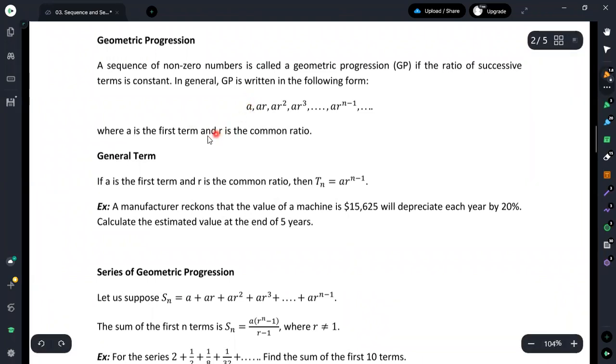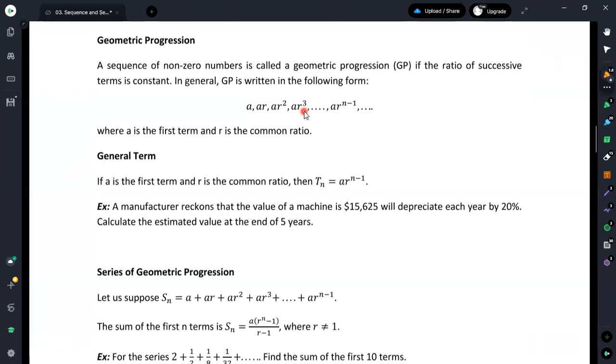If you have the common ratio as R and the initial term as A, then the next term is A multiplied by R, which is AR. Then this term is multiplied again by R, because it is the common ratio, so AR times R is AR squared. Then AR squared multiplied by R gives AR cubed. Likewise, we can get the geometric progression.